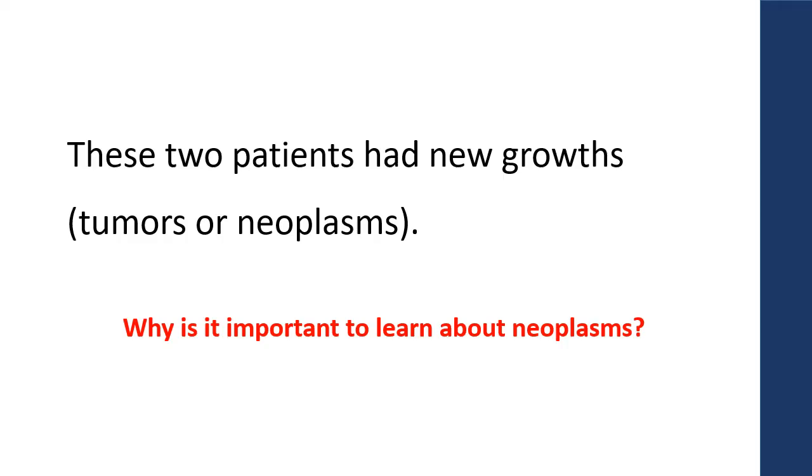So we have 2 patients, and both the first and second patient had a new growth. We call this growth a tumor or neoplasm. So tumor means neoplasm. Why is it important to learn about neoplasm?